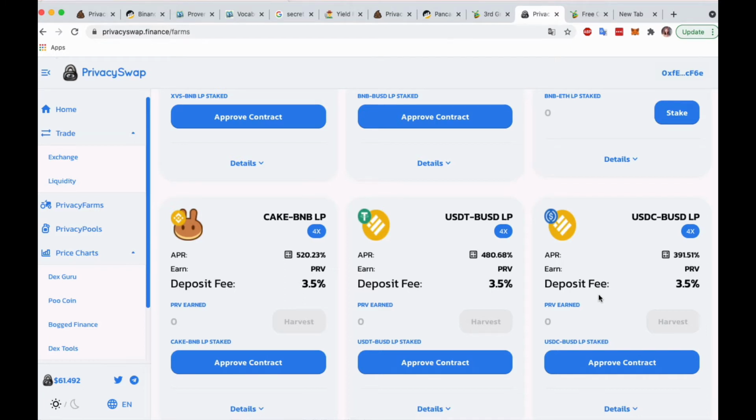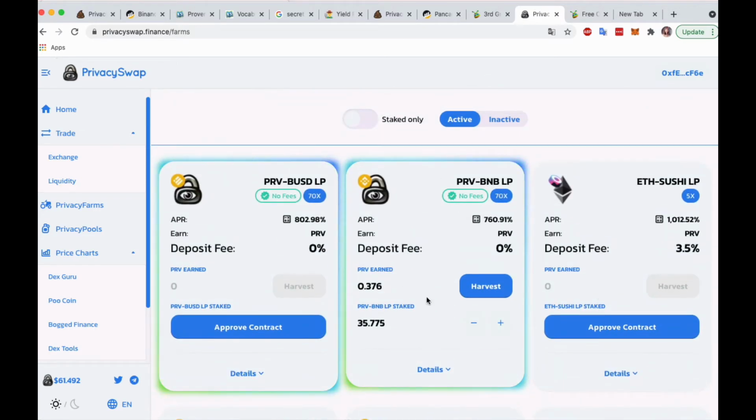DeFi, or whatever we want to call it, DEFI, stands for decentralized finance. Let's go back to the basics of how you obtain the LP tokens that you need to be able to farm with. You cannot farm without first having an LP token.